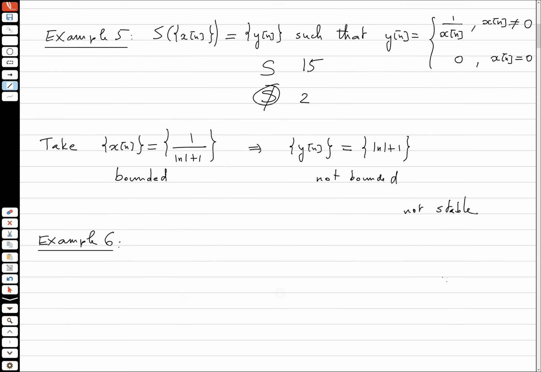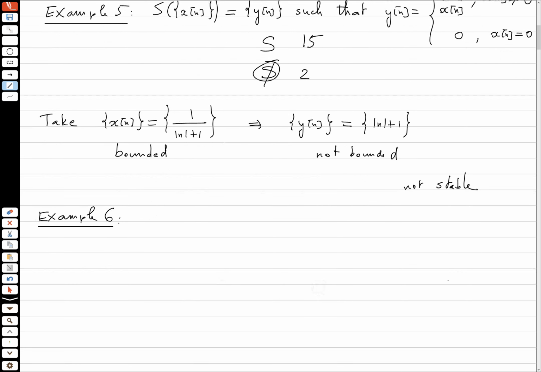I told you the examples become harder and harder. So the last one is the most difficult one.